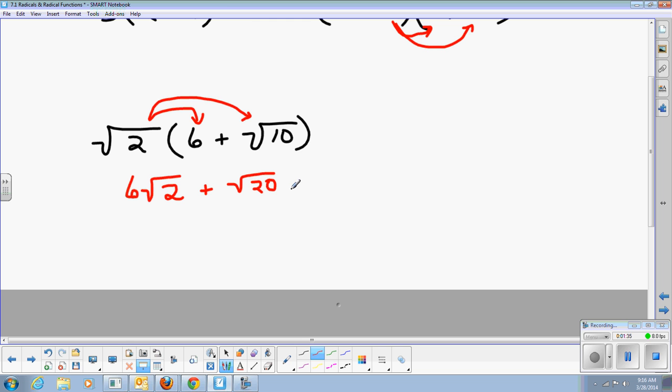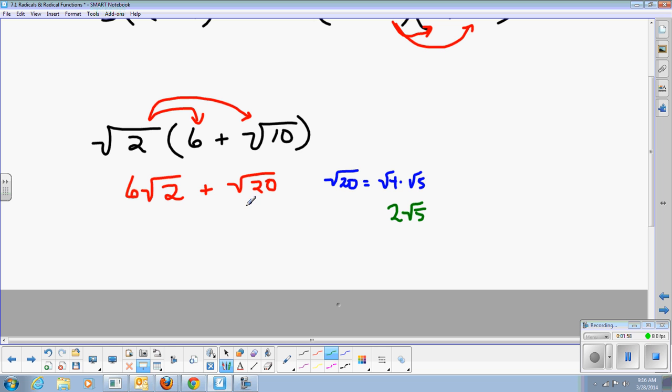And that square root of 20, as we take a look at it, breaks into the square root of 4 times the square root of 5. So the square root of 4 is the same as 2. So the square root of 20 changes to 2 times the square root of 5.